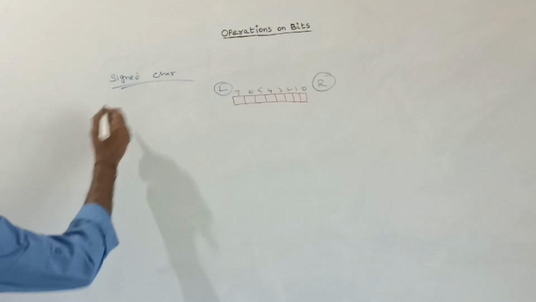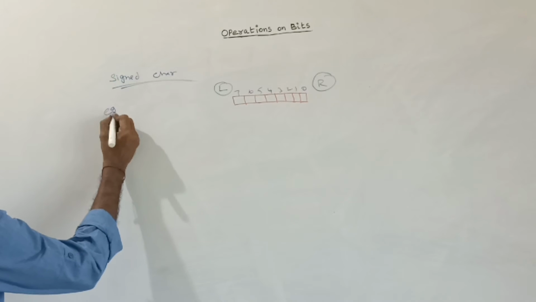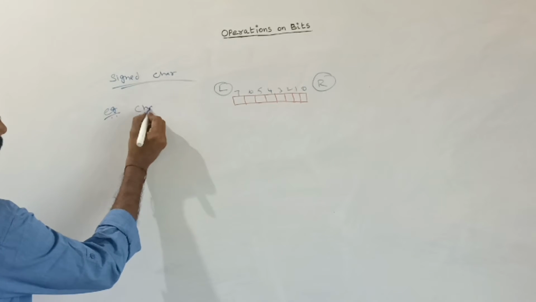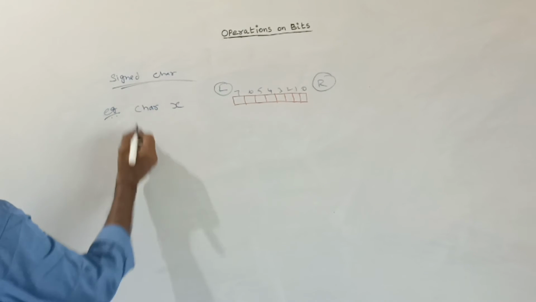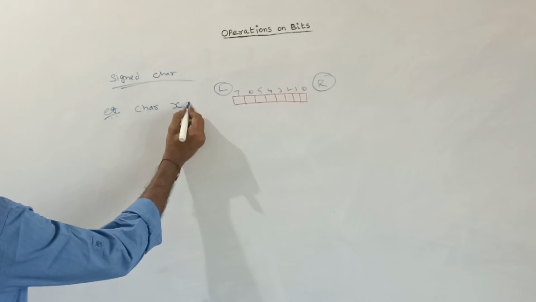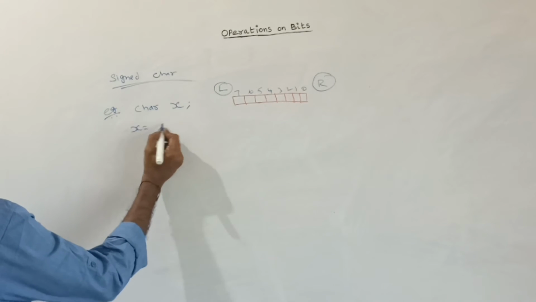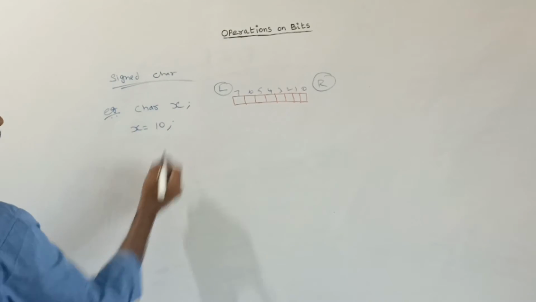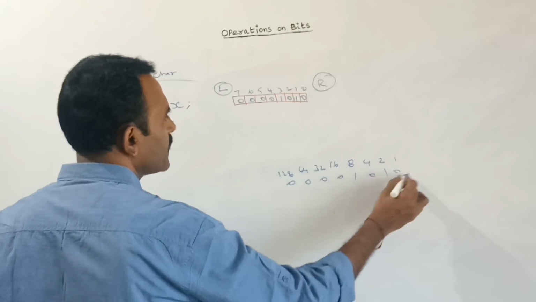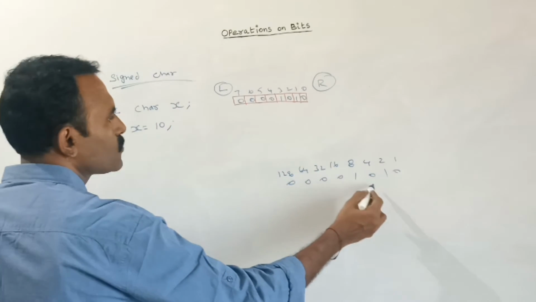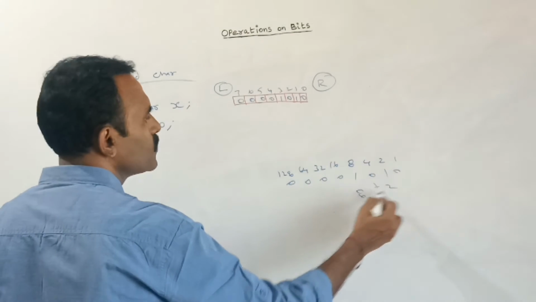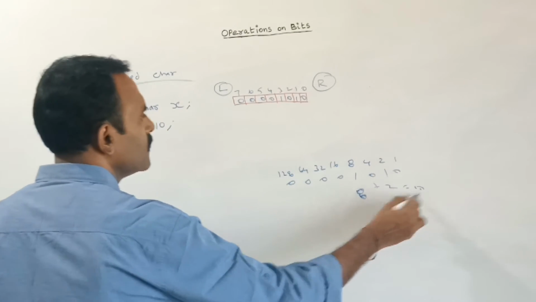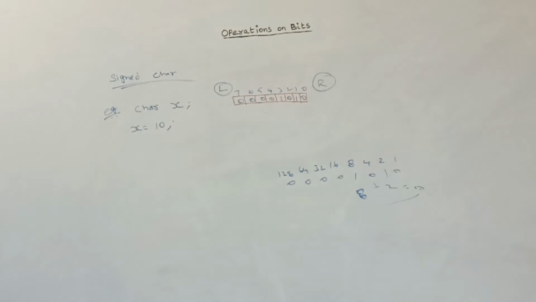Now let us assume, for example, signed character x. Here x is equal to 10, so this is the binary value of 10. So 8 plus 2 is equal to 10. This is the binary value.